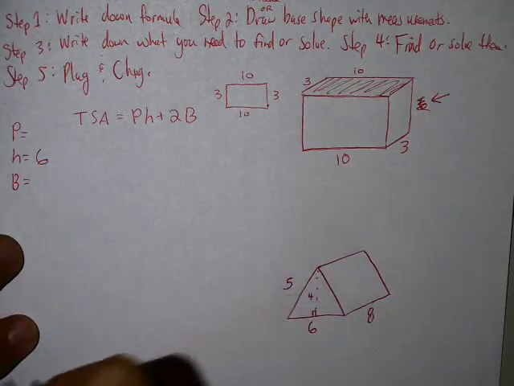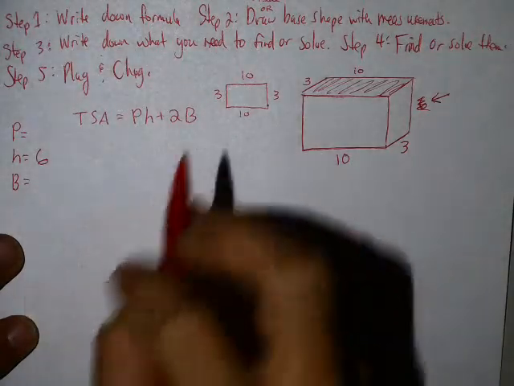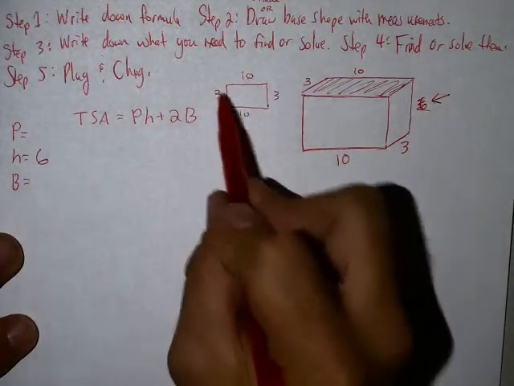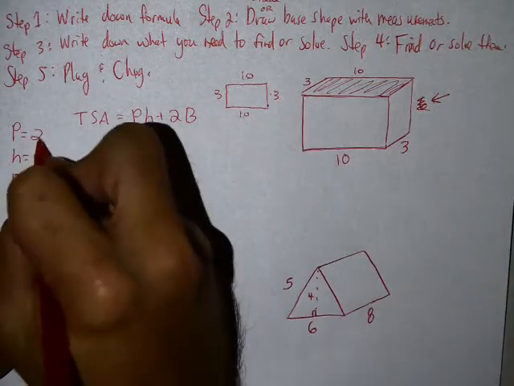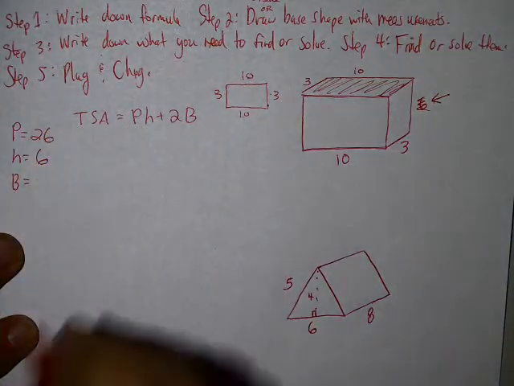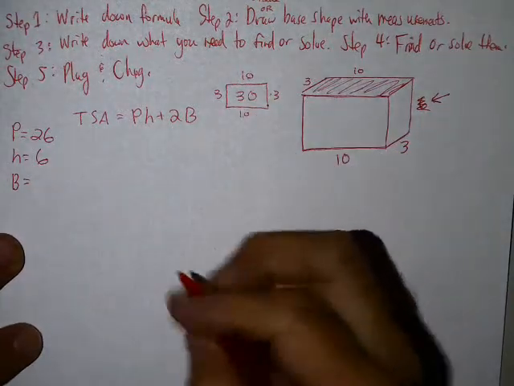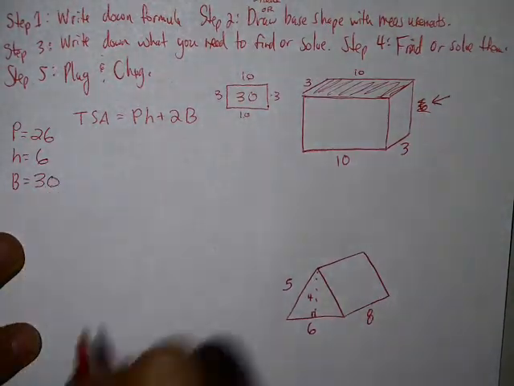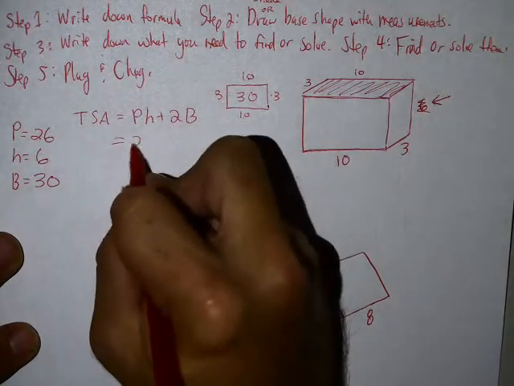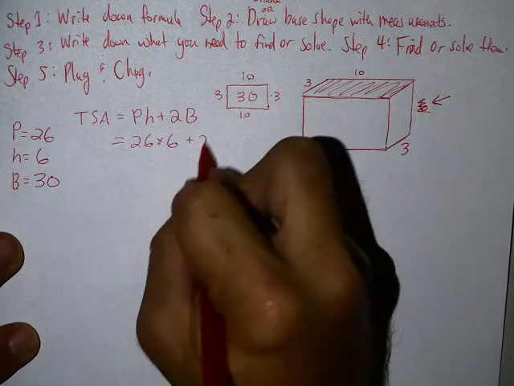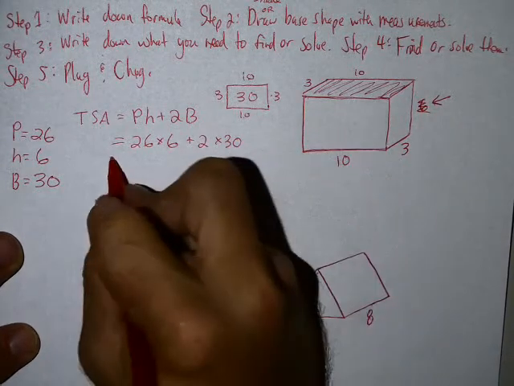There it goes. Next, the perimeter of my base shape. That's why I wrote it down. I drew it. So 10 plus 3 plus 10 plus 3 gives me a perimeter of 26. Next step, finding the area for the shape. It's a rectangle, so base times height, which is 30. Once I find these numbers, I can just put them in the formula. 26 times 6, which are those two, plus the area of the base twice.